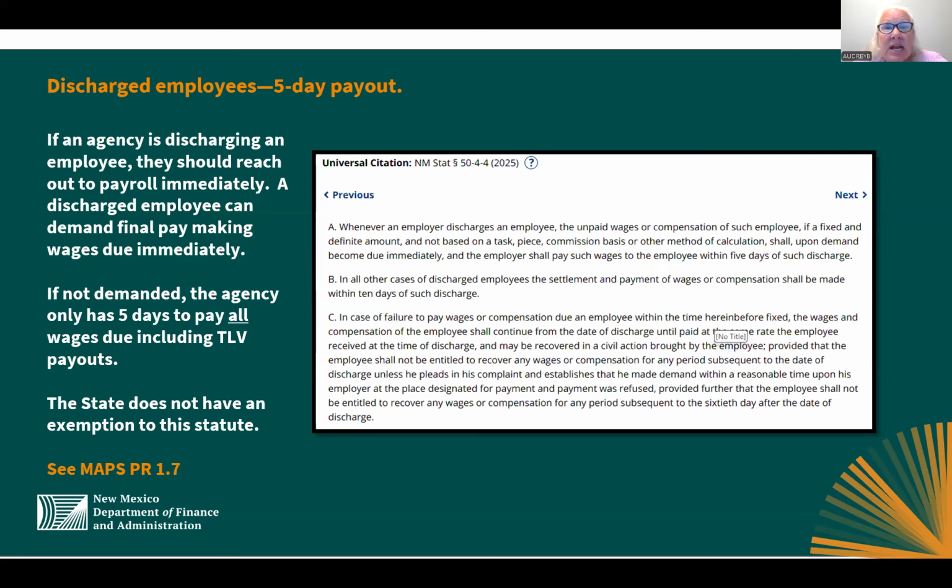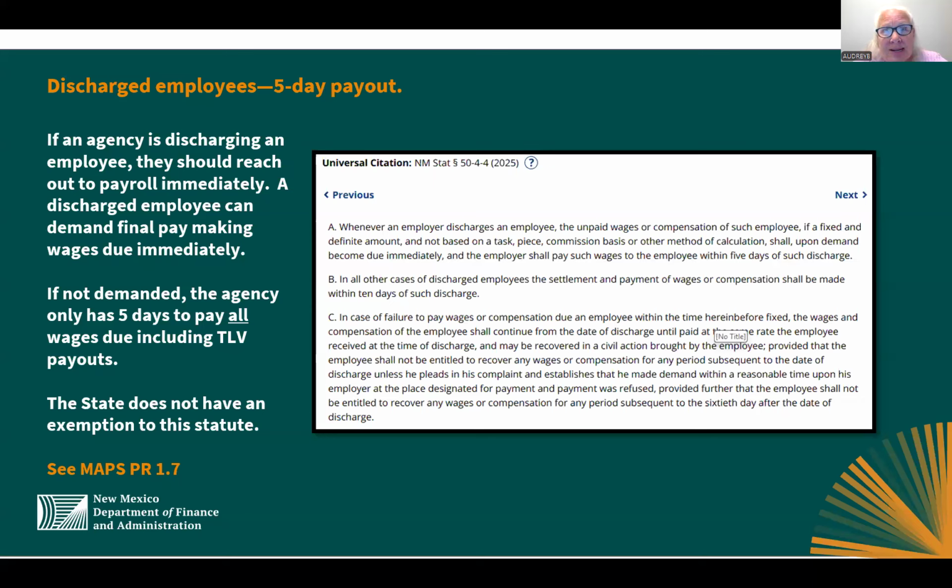And then they will take that information and they will issue a B warrant so that you are able to provide the employee with payment of those wages within the 5 days.